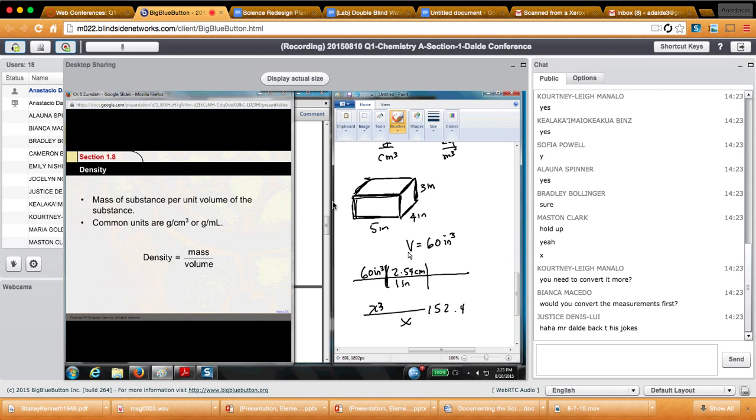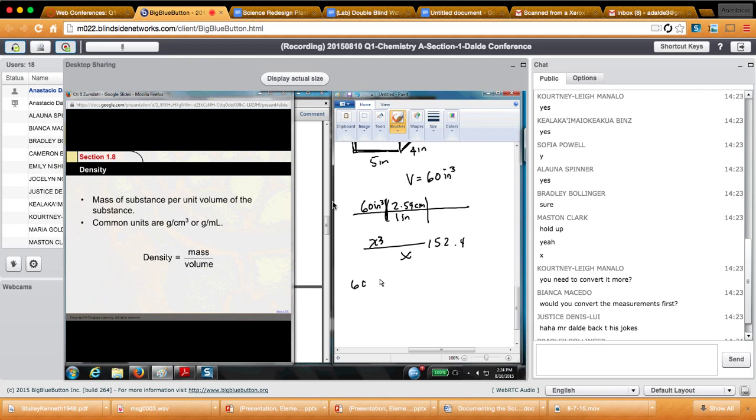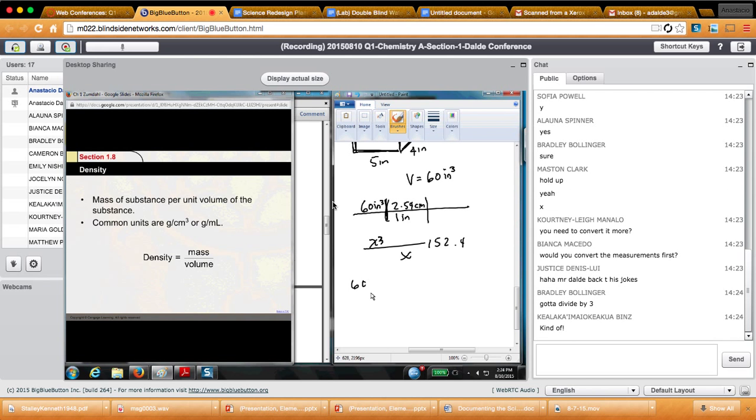What you'll have to do is you have to go 60 inches cubed times 1 inch for every 2.54 centimeters, 1 inch for every 2.54 centimeters, and 1 inch for every 2.54 centimeters. You have to do it like that. You'll have to do that 3 times. Does that make sense?